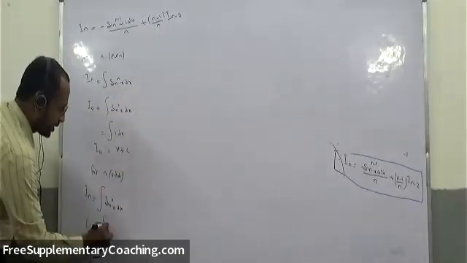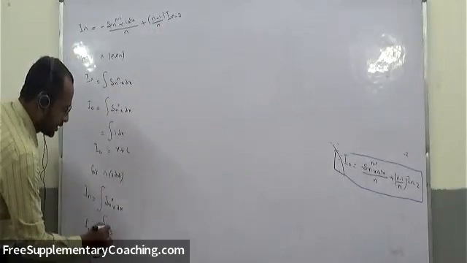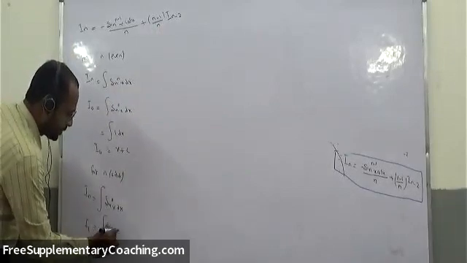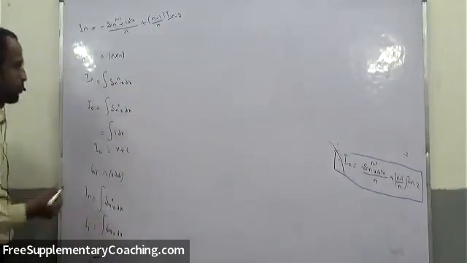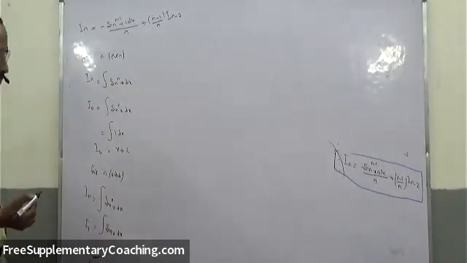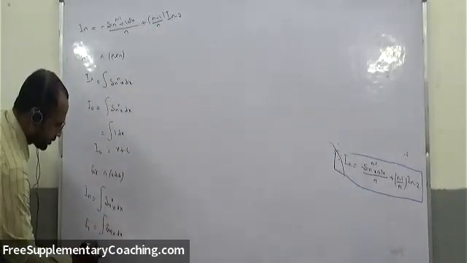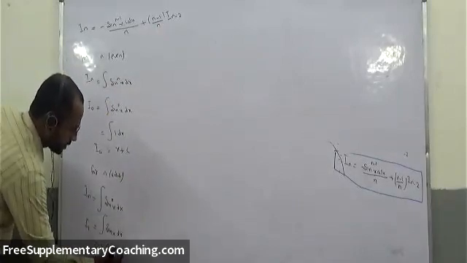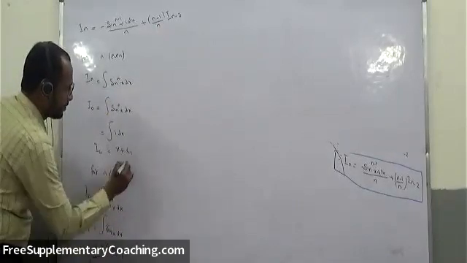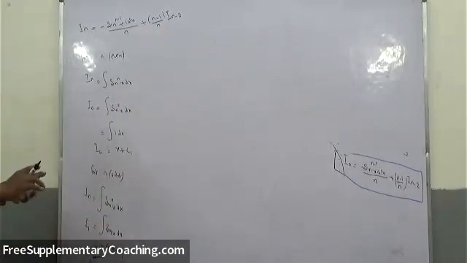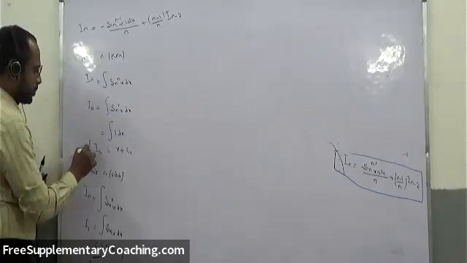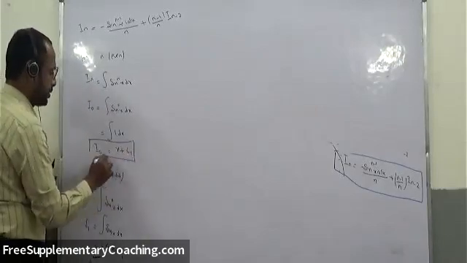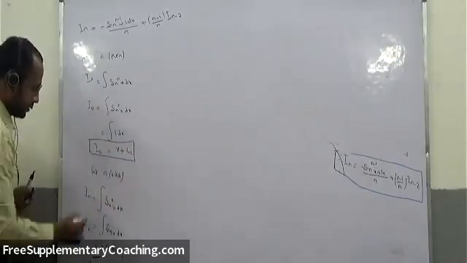I1 is equal to integration of sine x dx, as n is 1. What is integration of sine x? It is equal to minus cos x plus C2. C1 and C2 are arbitrary constants. You can write just C also, not an issue. So finally, this is even and this is odd.